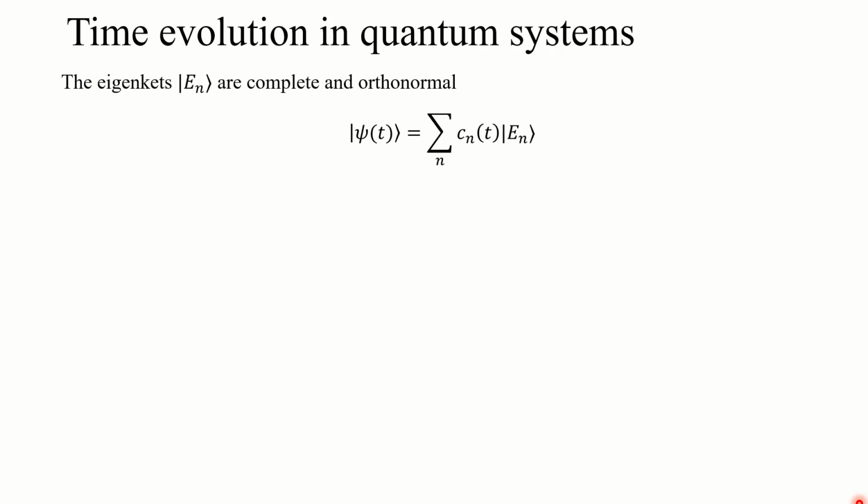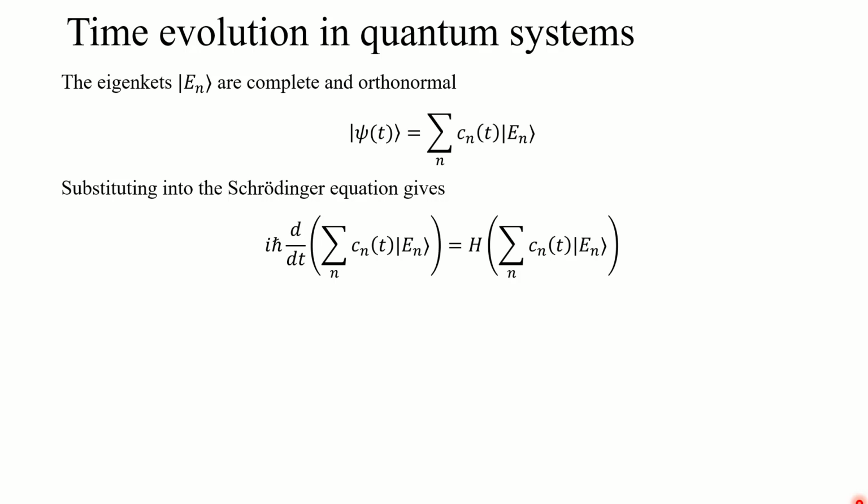These eigenkets form a complete orthonormal basis, just like the other operators we've looked at. So we can expand any general state in terms of that energy basis, as a linear combination of all the energy eigenkets.